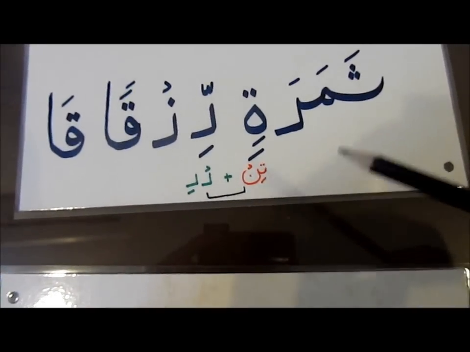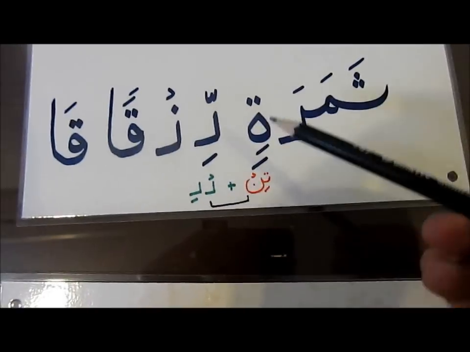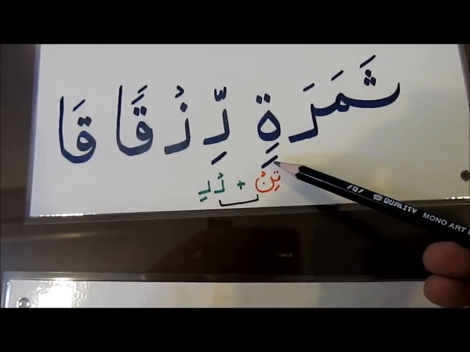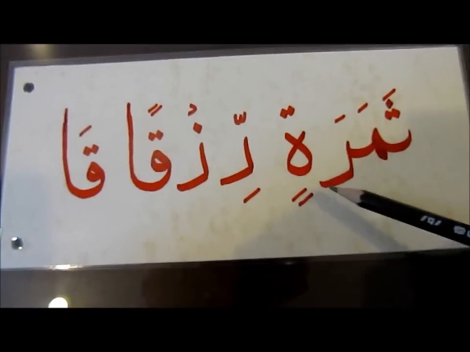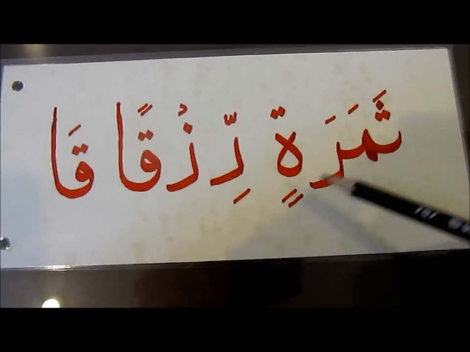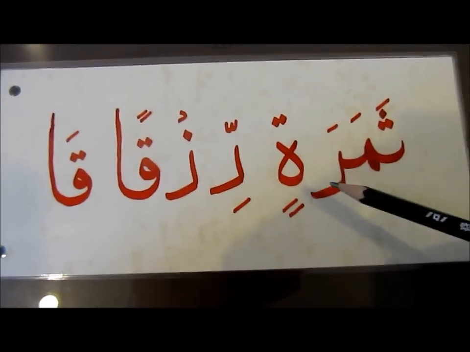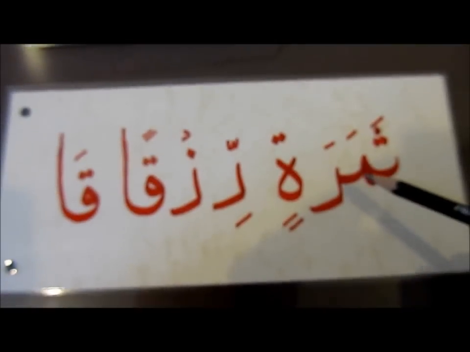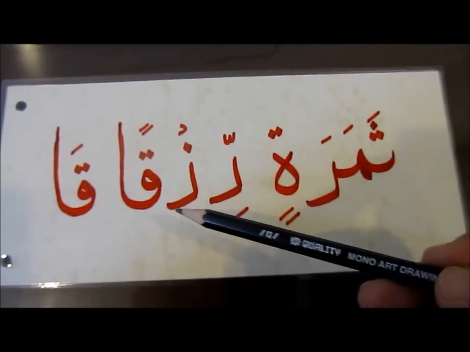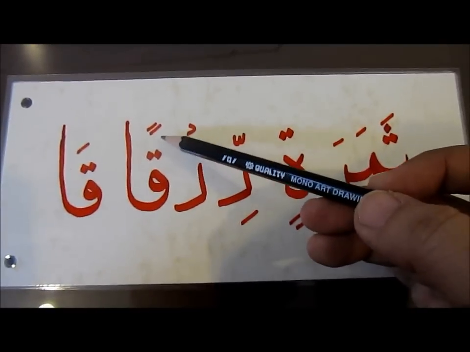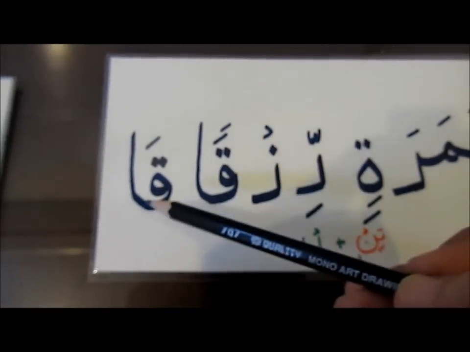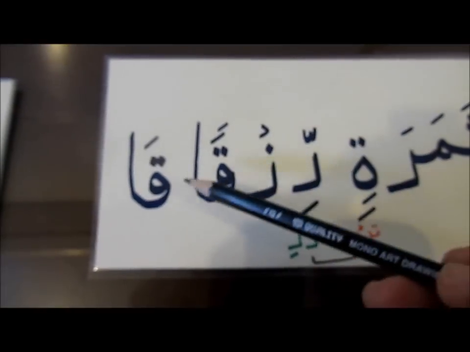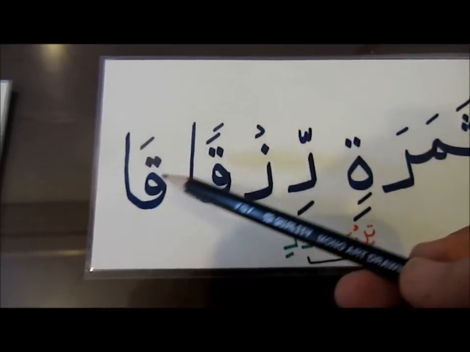As you merge it here, of course, it's without the ghunnah, but it's a complete merging, and this represents that. Here, you don't have that. Everything is as is. The tanween is sitting one on top of the other. The reciter knows that he or she has to read it thamaratir riz, thamaratir rizqan qa. Again, the tanween sitting here is one on top of the other, whereas here it's staggered, showing that after the tanween, there is a letter that will cause it to have ikhfa. So again, you know that something has to be done there.